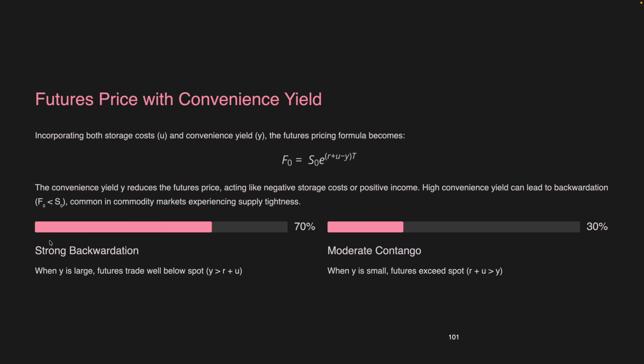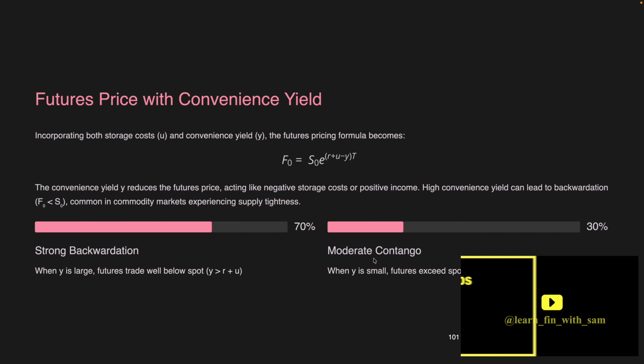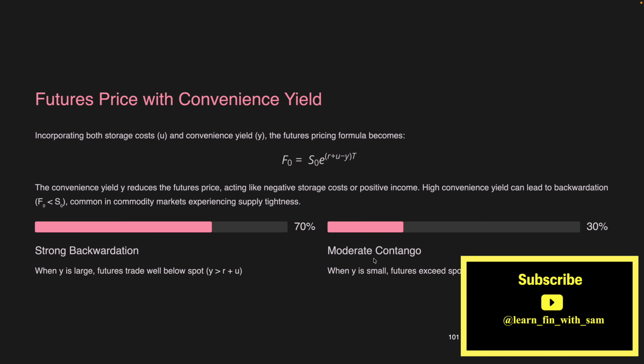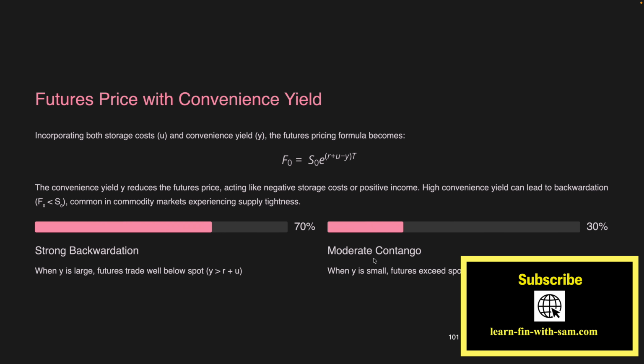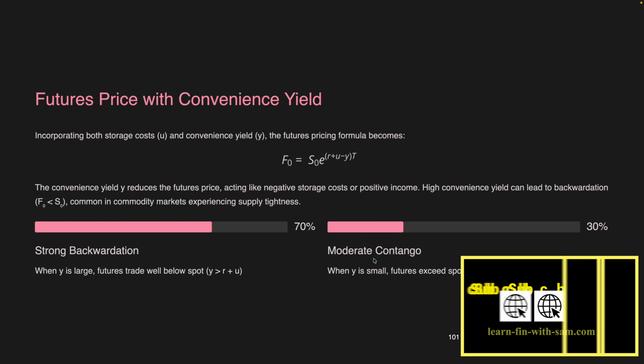During strong backwardation, the convenience yield will be very high and greater than the cost of carry. Contango means the future price is greater than the spot price. In case of contango, the cost of carry, that is r plus u, will be greater than the convenience yield y.